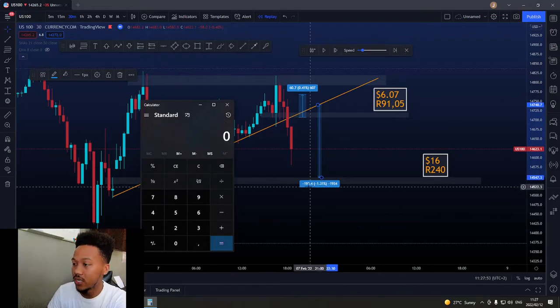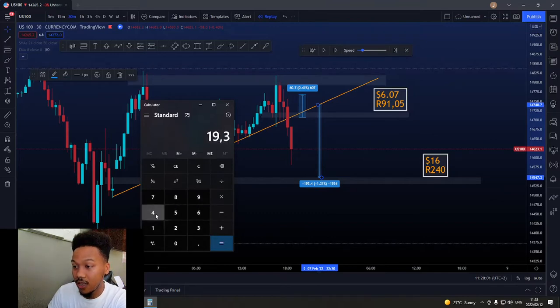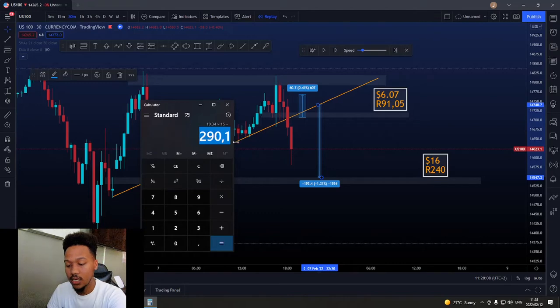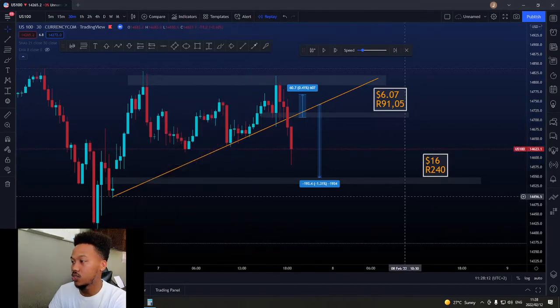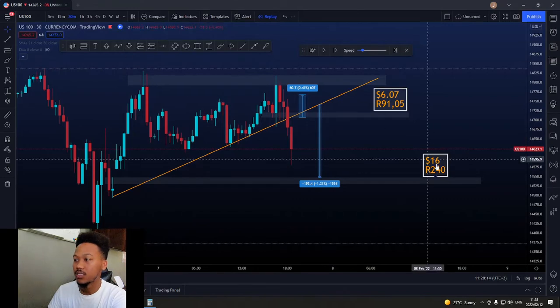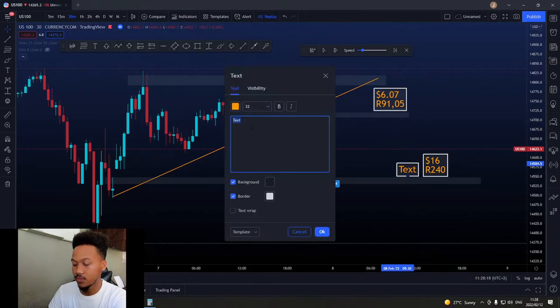Boom. So we're going to take the 3 and we're going to bring it over. So then we will be looking at 19.34 dollars. We're going to multiply it by 15, and we have 290 ZAR. Let's have another one open up over here. Boom.